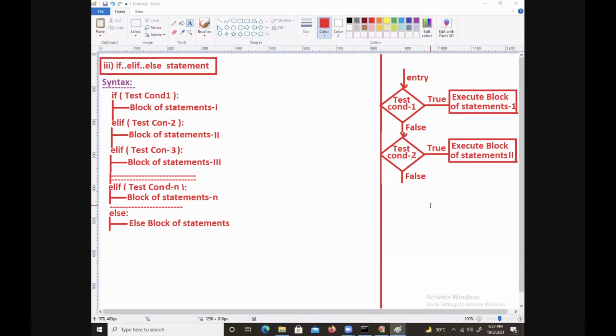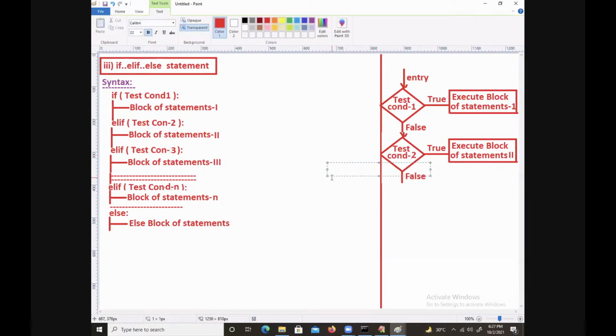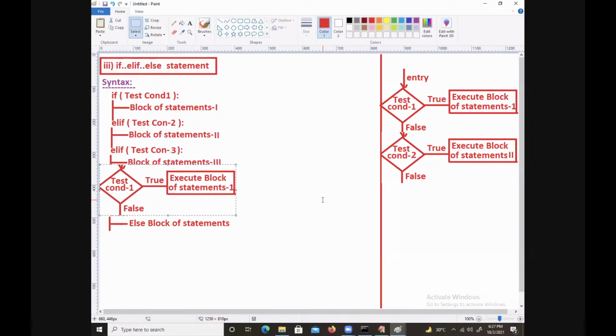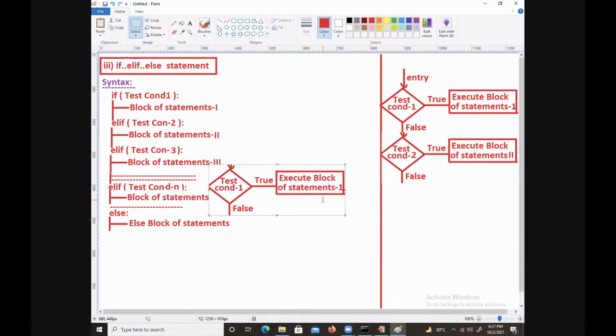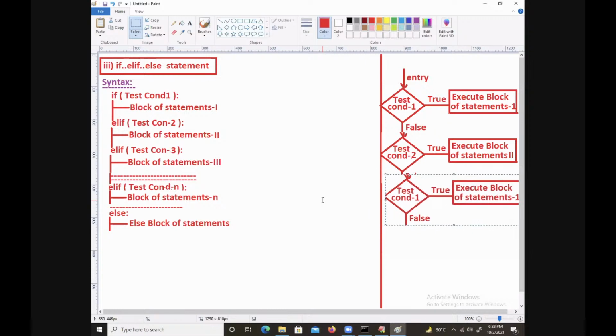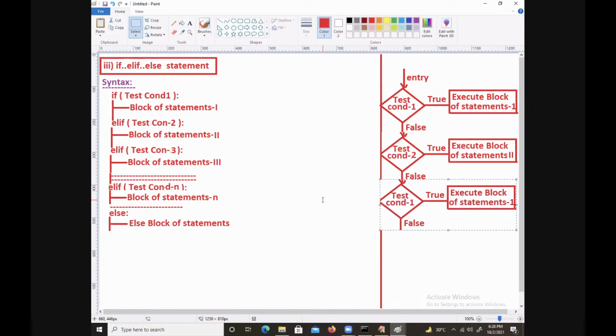Until how many conditions? Tell me, how many conditions, my dear students? N number of conditions. I will carry N conditions. After this entire process, here I write dot, dot, dot for N number of conditions.